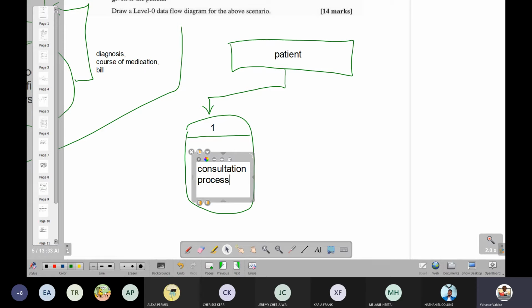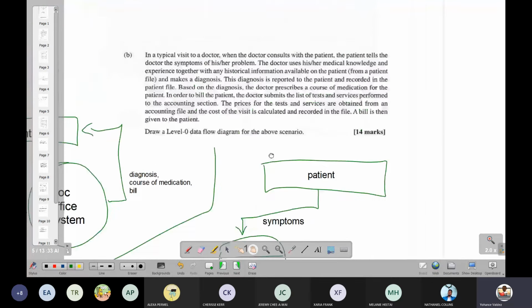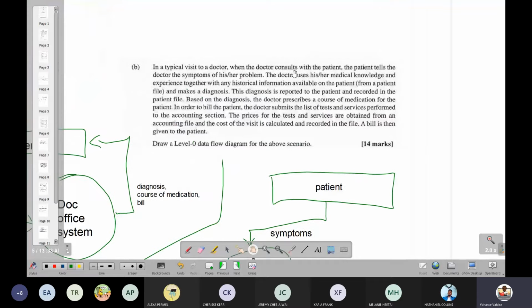Okay. So we have the consultation process, and this is where the patient tells the doctor their symptoms. What goes on inside of this consultation process? We say the doctor uses his or her medical knowledge and experience together with any historical information available on the patient from a patient file and makes a diagnosis.